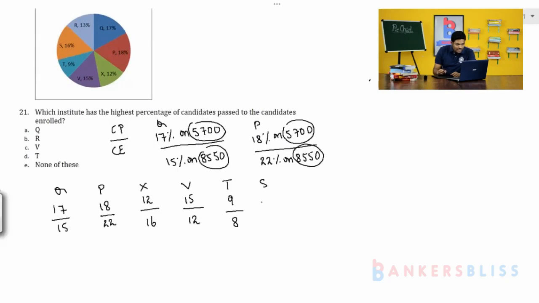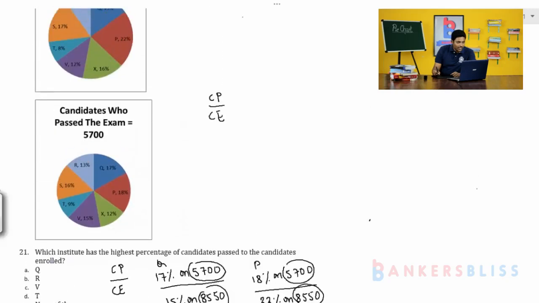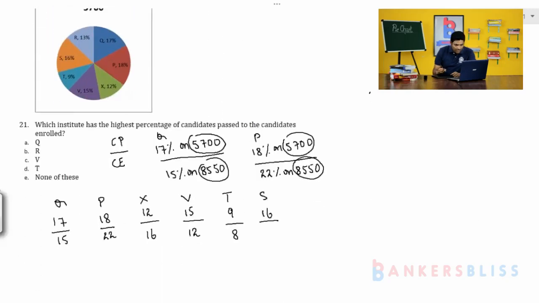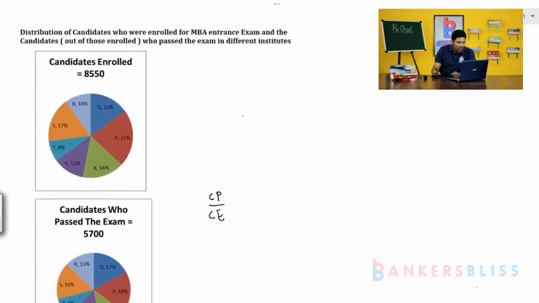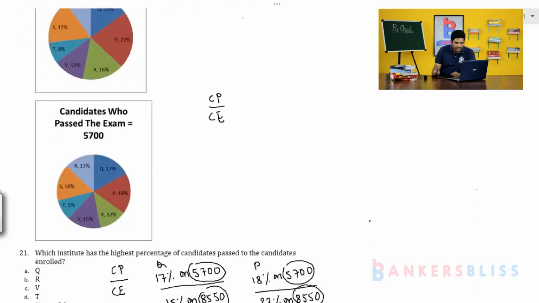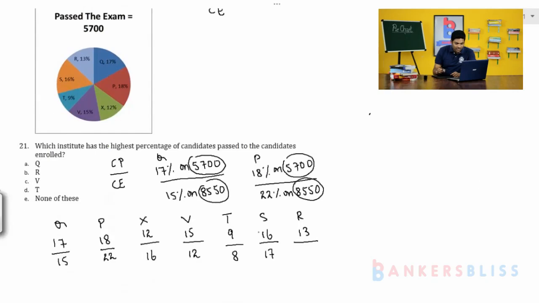Next, for S we can take 16% divided by 17%. Next, for R we can take 13% divided by 10%. So, among these 7 we have to identify which is the highest one.